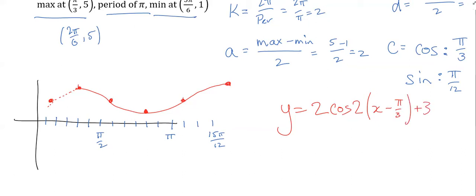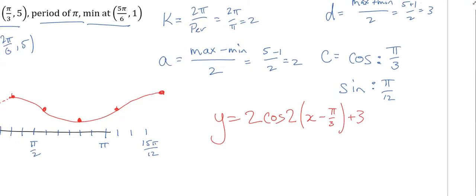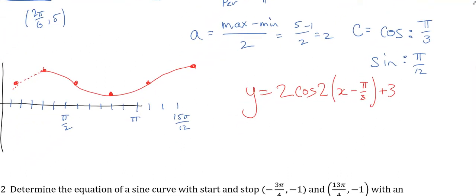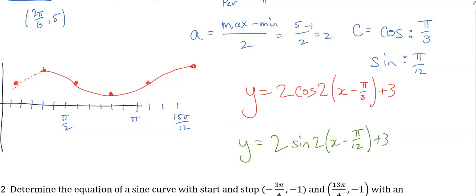Plus 3, I believe, was our d value. Is that right? Yeah. And then if I wanted to do the other ones, y equals 2 sine 2. The amplitude and the k value don't change. X minus pi by 12 plus 3. Oh, okay. I know what you're talking about now. Okay.